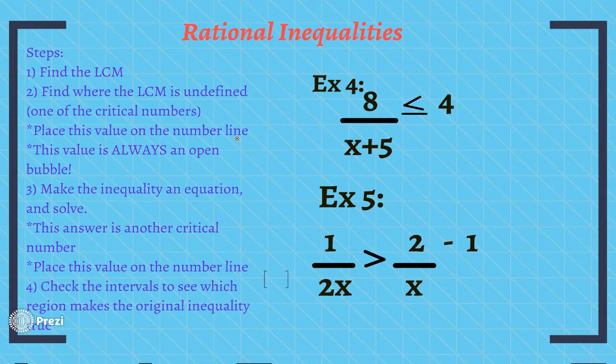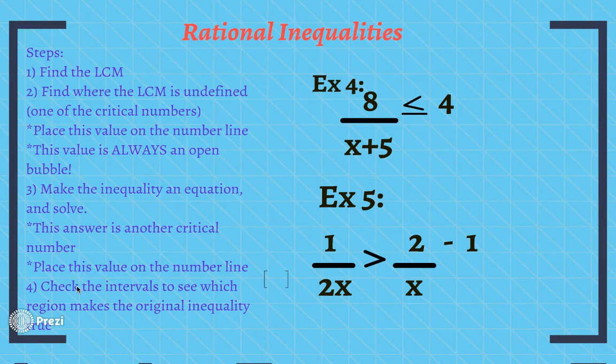Since they are undefined, it has to be an open bubble because our expression can never equal it. After that, we are going to make our inequality turn into an equation and solve it just like we would an equation. This is going to give us another critical value on our number line.